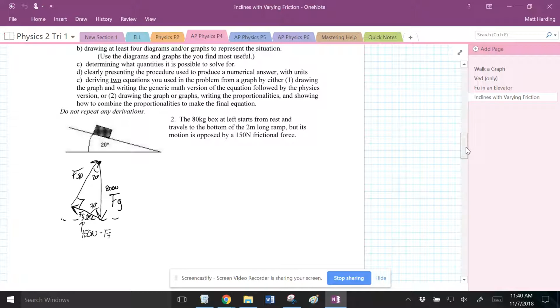All right, Group 1. Part A wants to know what models apply and why. Can you hit us up with that, please? All right. So, constant acceleration particle model, and unbalanced force particle model.